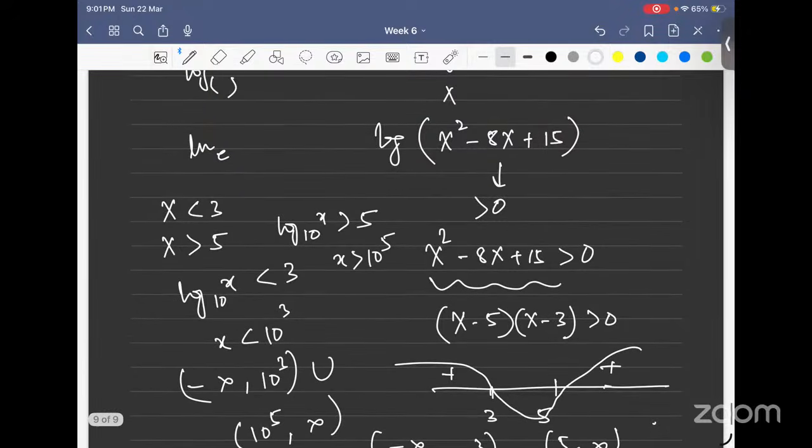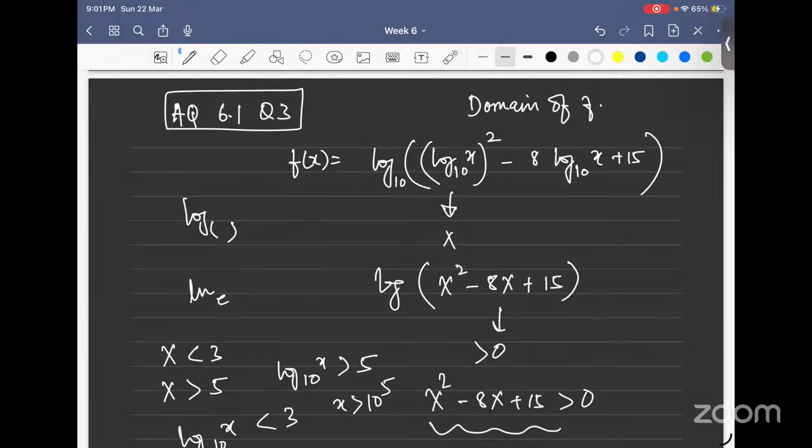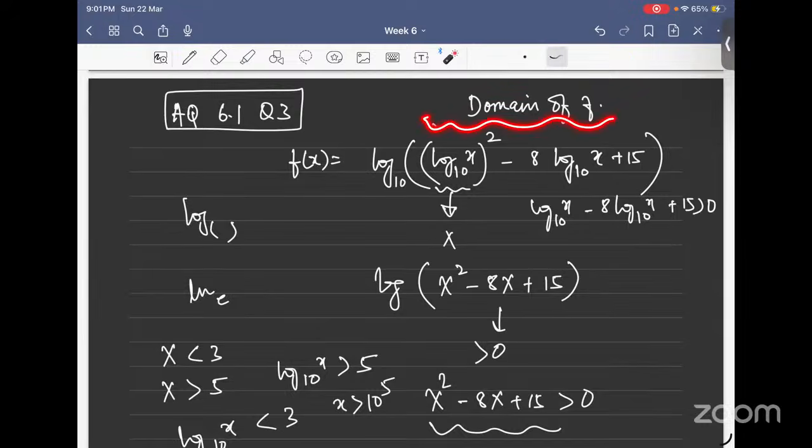Have you understood? So what I did is, you can just calculate it by taking log of x base 10, minus 8 times log of x base 10, plus 15 greater than 0, because this should be greater than 0 to get the correct domain, right?